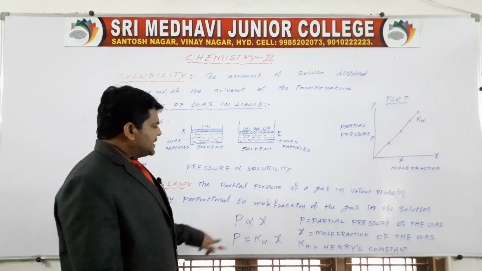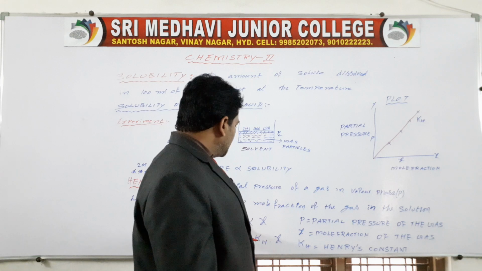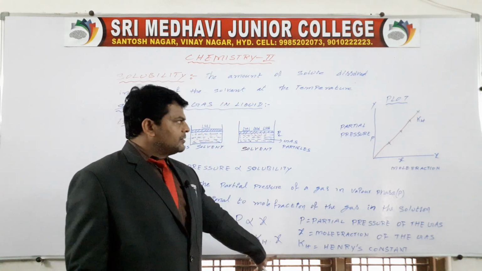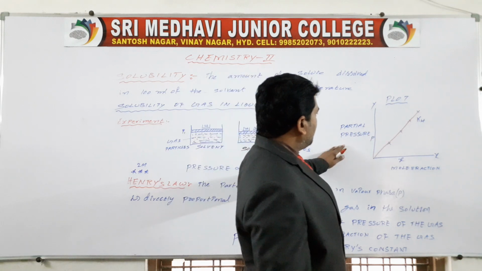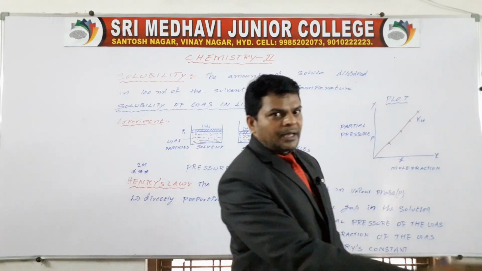Then P is directly proportional to x, and to remove this proportionality you have to keep a constant. Then P equals KH into x. This is the plot between partial pressure and mole fraction, which gives a straight line like this.